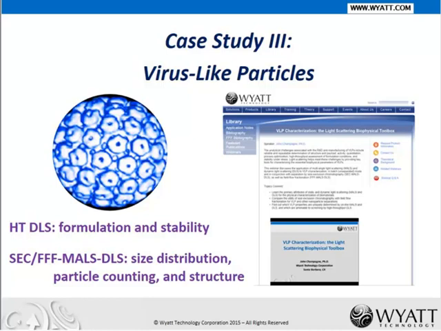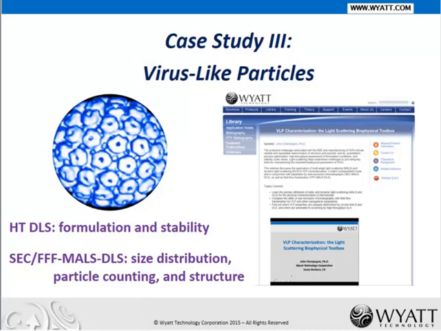In the interest of time, I will not show more examples, but rather I just want to point out high-throughput dynamic light scattering, like the plate reader instrument, is ideal to study formulations and to also perform accelerated stability tests.